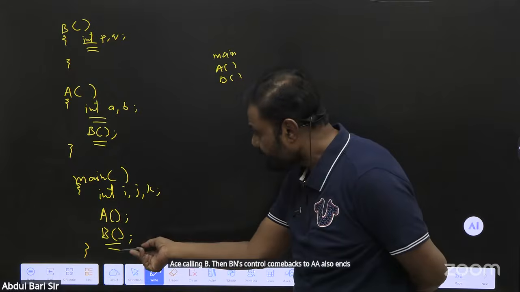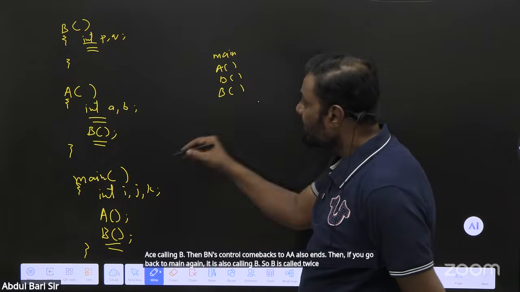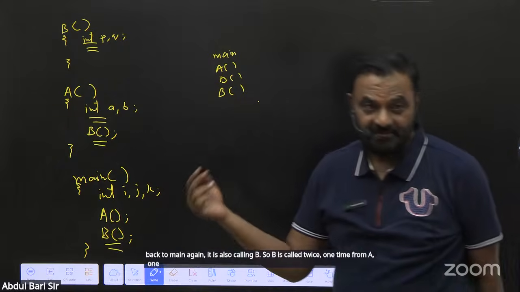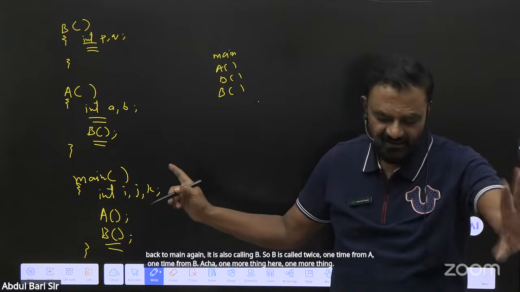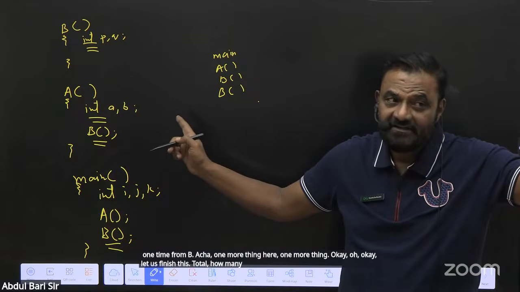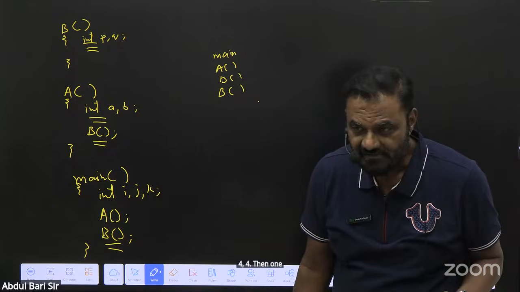Then if you go back to main, it is also calling B. So B is called twice, one time from A, one time from main. Total how many activation records are created? 4.